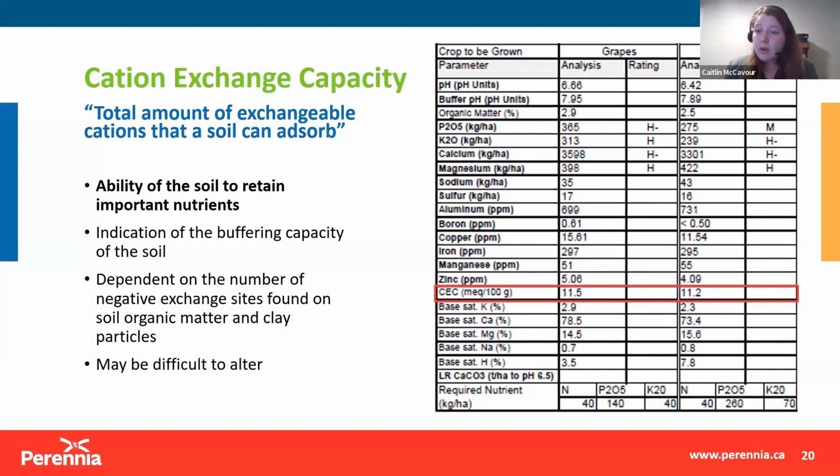So if you have a low cation exchange capacity, typically your ability to retain those nutrients is not as high. This is common in a sandier soil with low organic matter. This cation exchange capacity can be difficult to alter, and really one of the only ways to do it is to increase your soil organic matter.